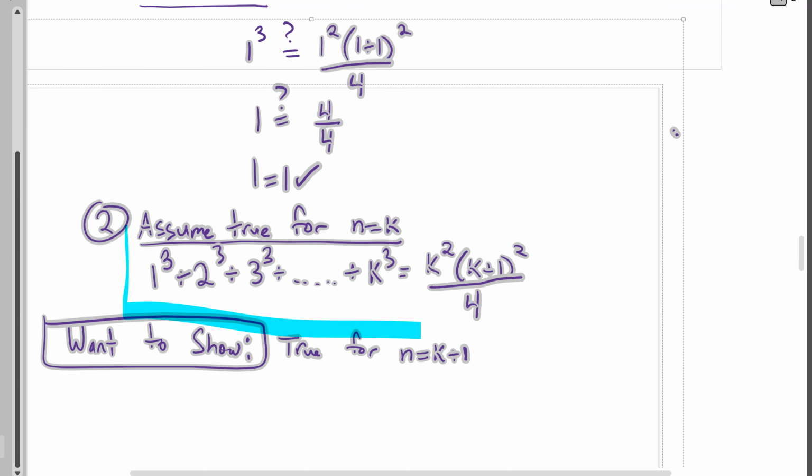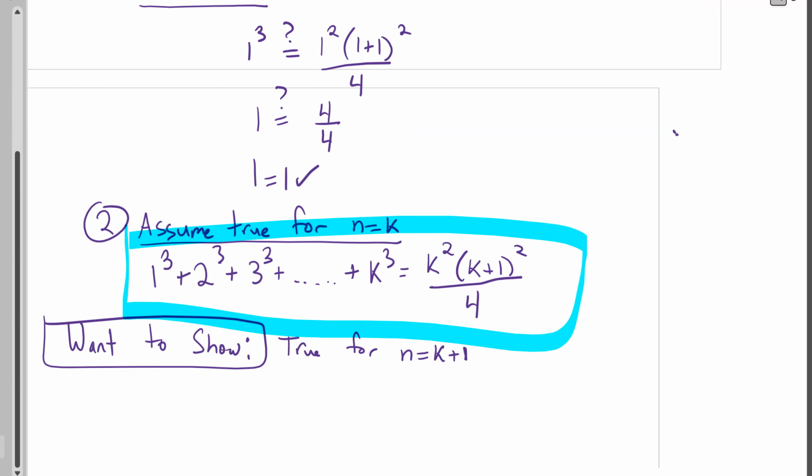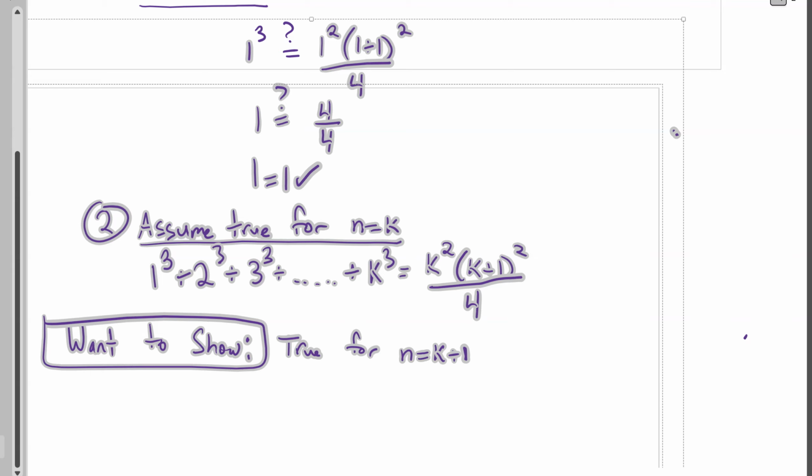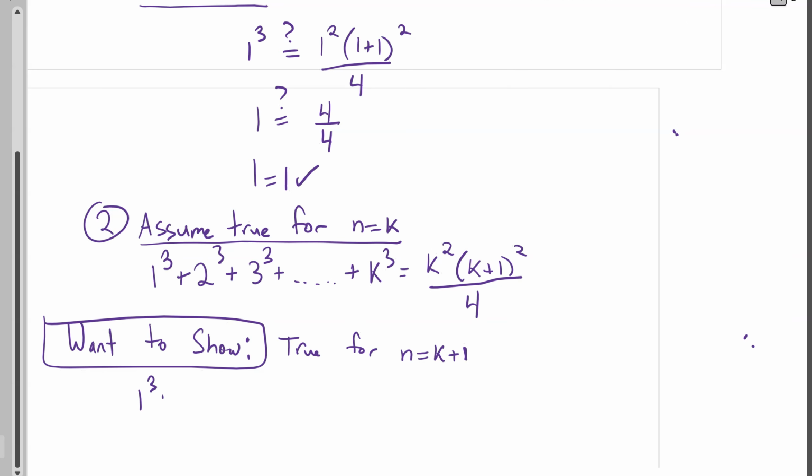Essentially I'm going to rewrite this now, but replacing the n with k plus 1 instead of just k. I'll write that series as 1 cubed plus 2 cubed plus dot dot dot plus, and it's going to go up to k cubed, but it's going to go one term more, right? It's going to go to k plus 1 cubed.